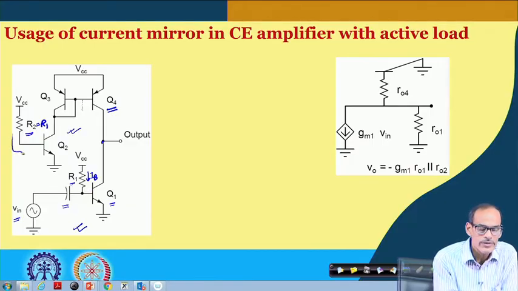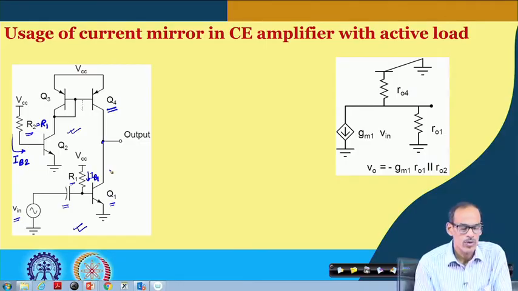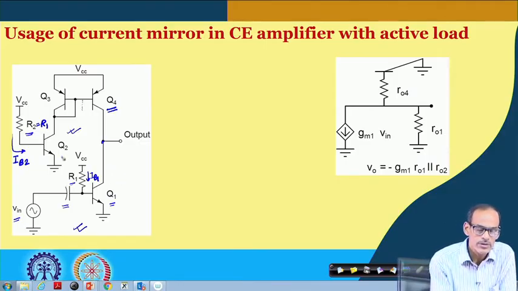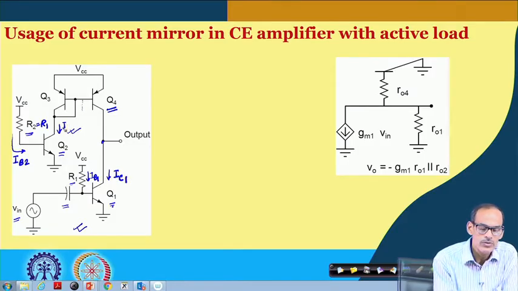So, that provides a base current here, which is IB2, equal to IB1, assuming these two transistors are identical, and this current and this current are identical. So, I can see this is IC1 and this is IC2.